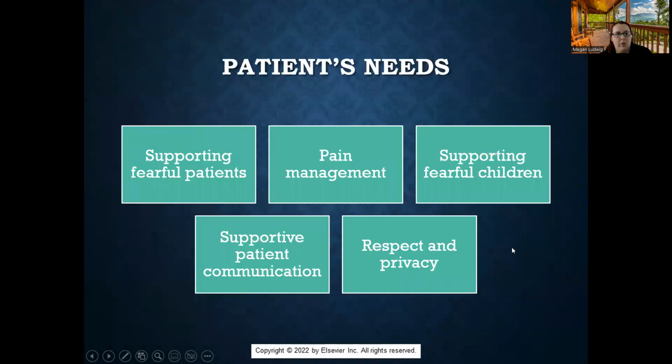About those patients' needs, a lot of our patients, understandably, are going to come into our OR feeling afraid. I think that's a natural thought, to be afraid to come into surgery, whether they're afraid of anesthesia, afraid of being awake during the case, or maybe not waking up. Maybe they're afraid of what happens afterwards.